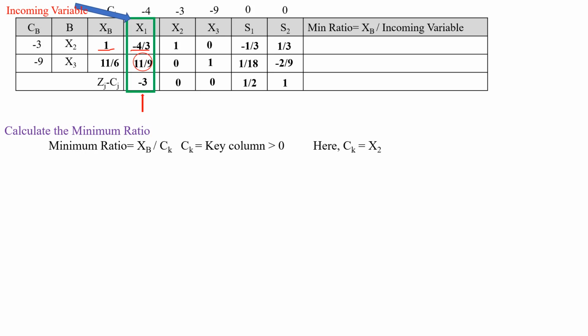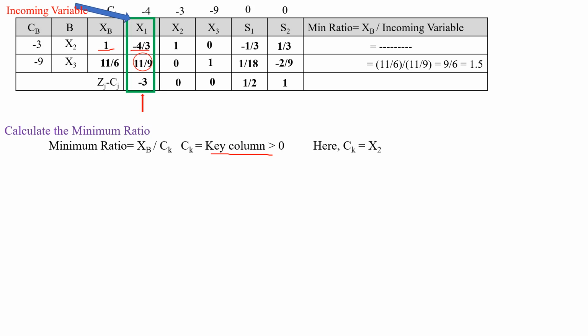If any coefficient is negative or 0, we have to neglect that one. So here we are not calculating the minimum ratio for the x2 row. Next, we calculate the minimum ratio, XB divided by the coefficient of the incoming variable, for the second row, that is the x3 row.